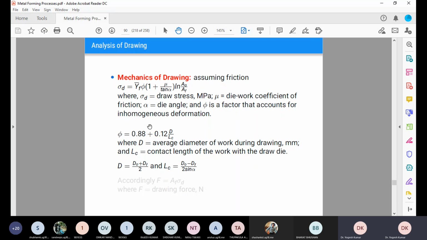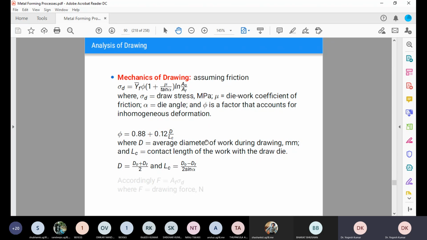Then this phi is a factor that is basically taken into consideration because of inhomogeneous deformation, and it is given as phi equal to 0.88 plus 0.12 d by lc, where d is your average diameter of work during drawing, and lc is your contact length of work with the draw die.